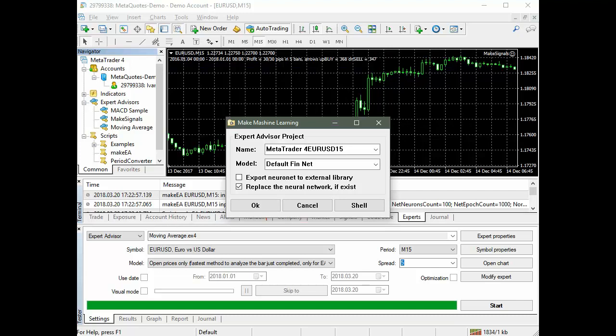Enter the name of the generated advisor and choose the type of PNet for training.